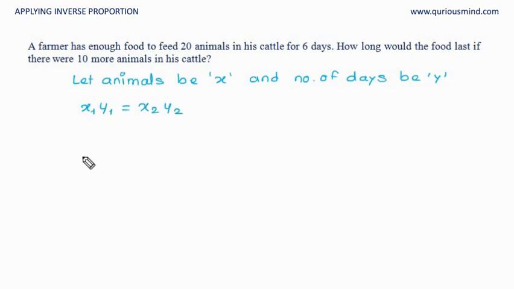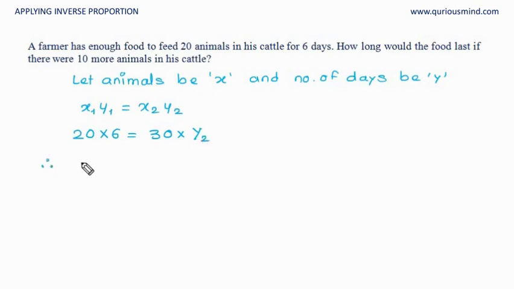Now animals is x, so 20 animals, x1, and y days into 6 days, it's the same as 10 more animals. So 20 plus 10, 30 animals into y2. We don't know how many days. We have to calculate that.